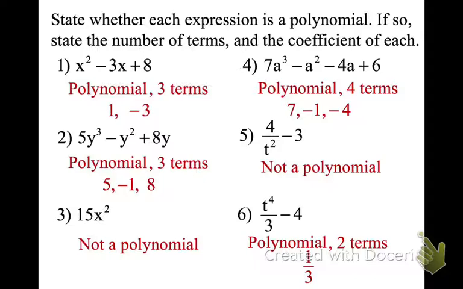We call this last term with no variable a constant term. By rights, it would be x to the 0, but a coefficient's really the number that comes before the variable. Okay, standard form of a polynomial.